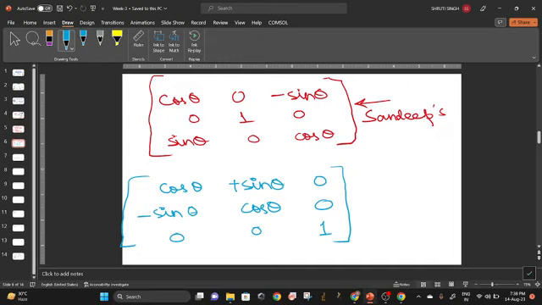So similar thing will happen when we are rotating about y-axis: x1 cos theta plus sin theta. Now when we are rotating about y-axis, they have written like minus, plus.